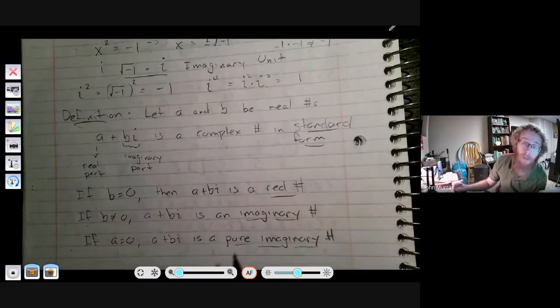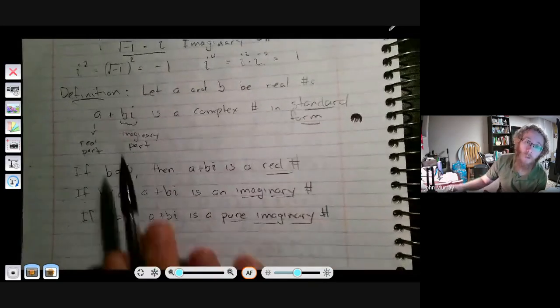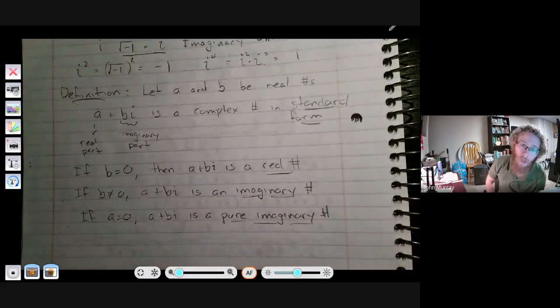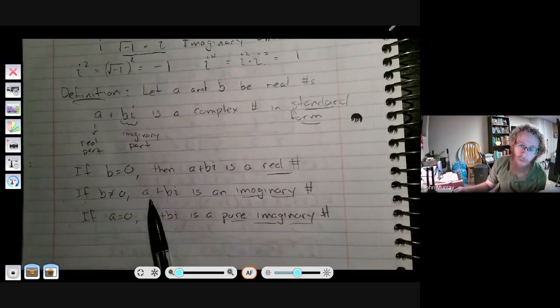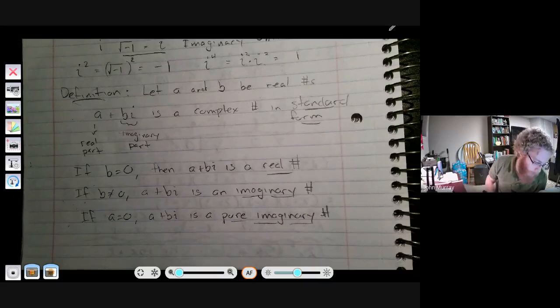Okay, and then we might have a case where the a part is 0. So then your expression would just be the bi, and we call that a pure imaginary number.